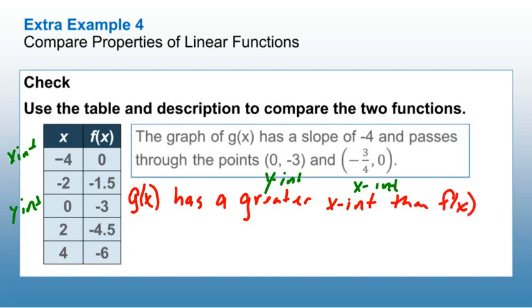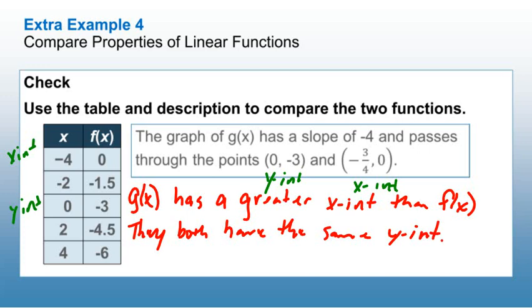And then we could say they both have the same y-intercept. Now, if you want to do more comparison, you could graph both of them on the same coordinate plane. But for this lesson in particular, two statements like this is good enough for the comparison.